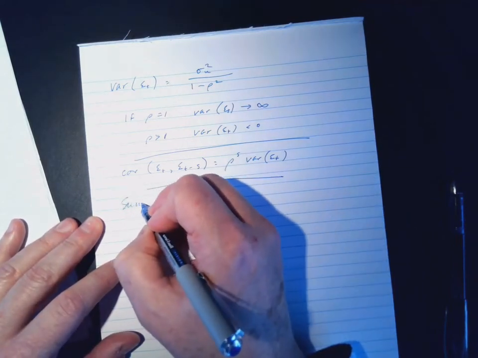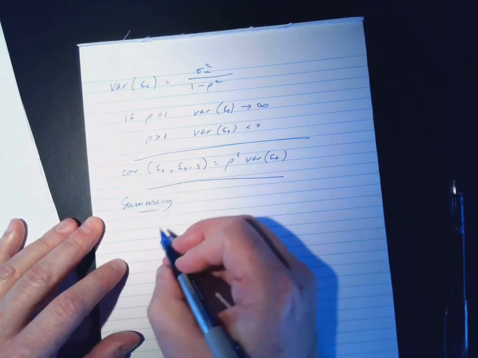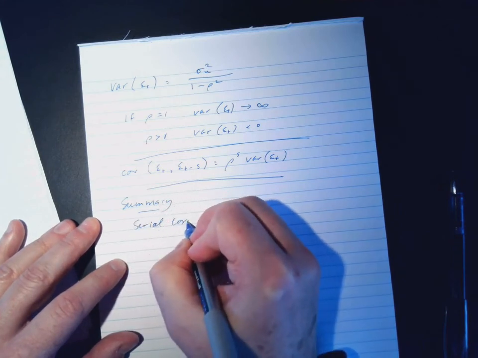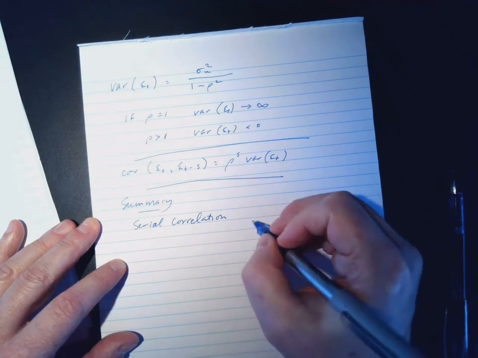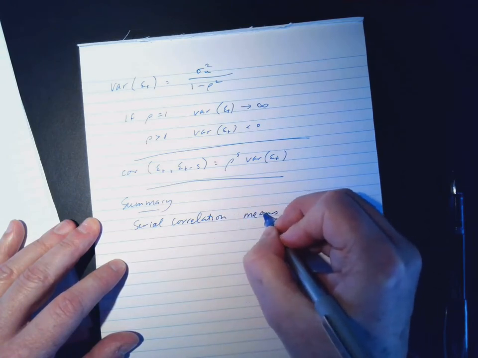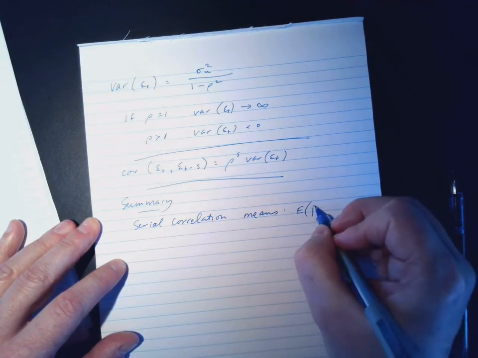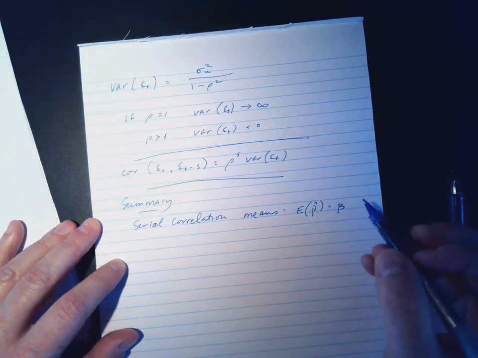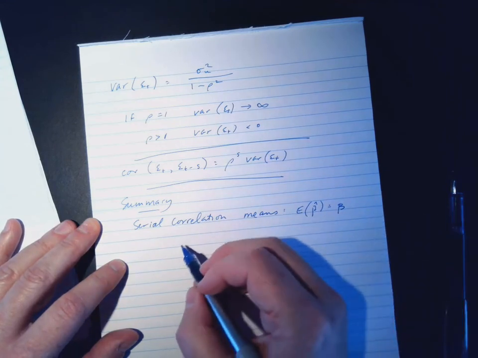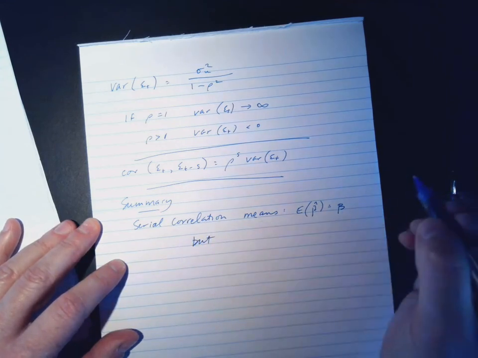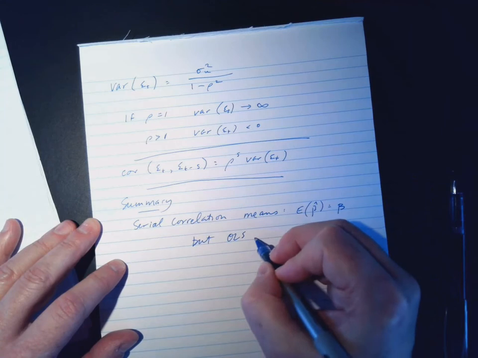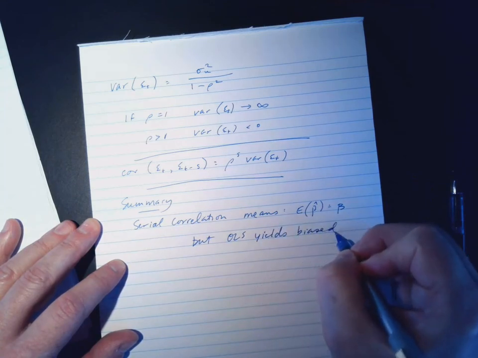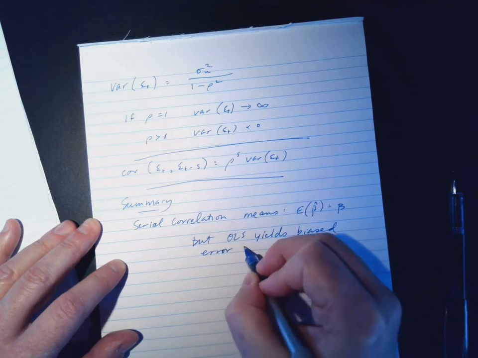Let me just summarize a couple of points here. Serial correlation means the expected value of beta hat is still beta, so OLS is still unbiased, but OLS yields biased error variance estimates.